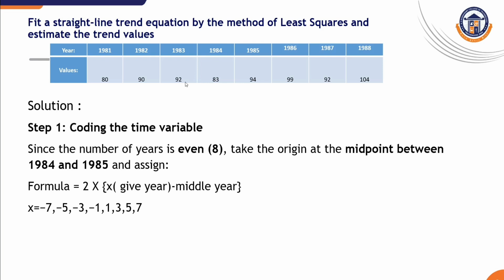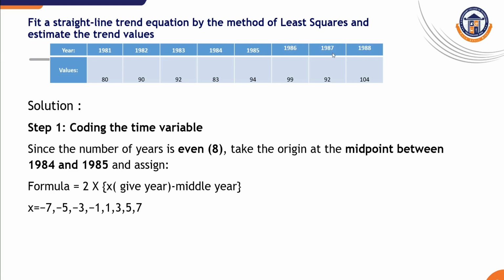Now the fourth value: 2 times 1984 minus 1984.5 gives 1. And 1985 is the given year, minus the middle year 1984.5, multiplied by 2, again gives 1. For 1986, minus 1984.5, multiplied by 2, we have 3.